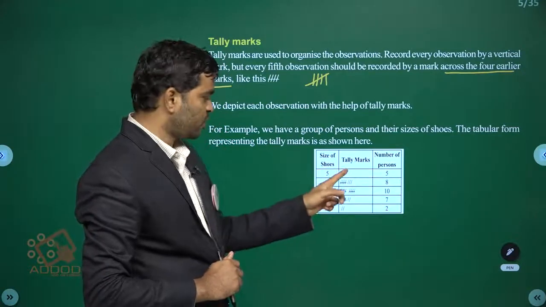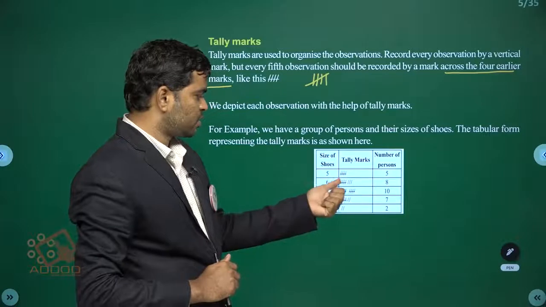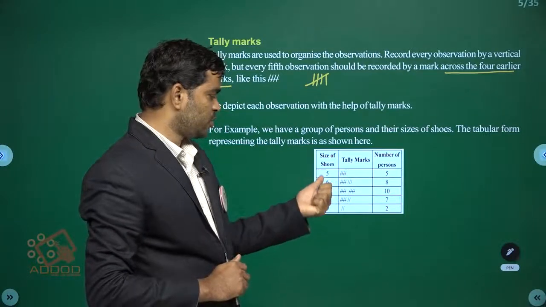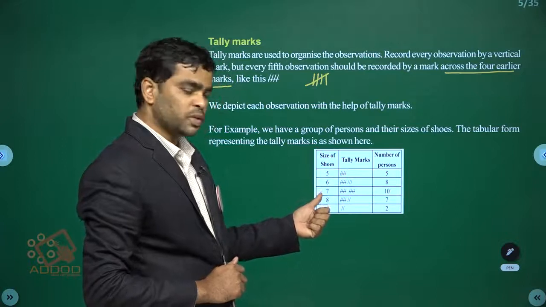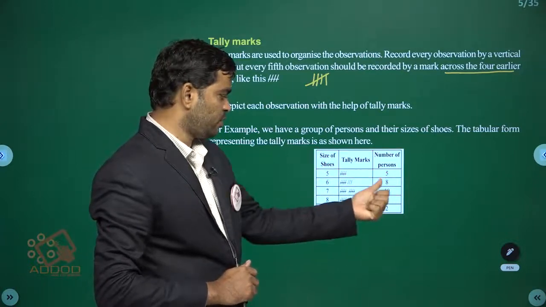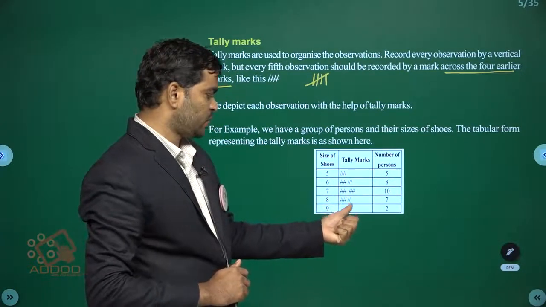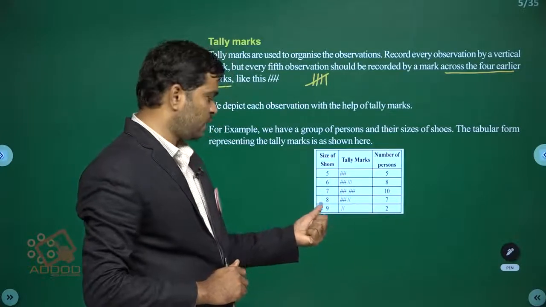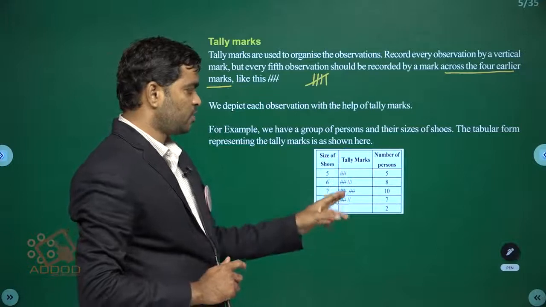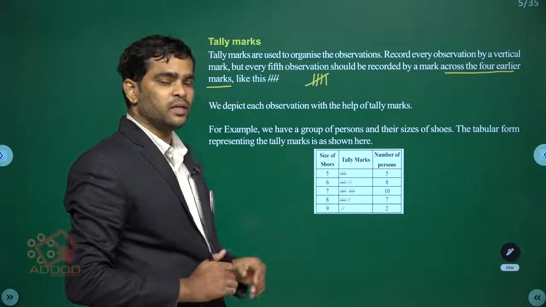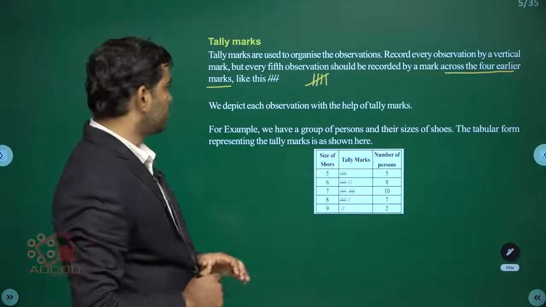Every 5th line you have to cross it. Shoe number 6: 5 plus 3, which is 8. Shoe number 7: there are 10 people, 5 plus 5, 10. Shoe number 8: 5 plus 2, which is 7. Shoe number 9: there are 2 students, so you write it as tally marks. In the third column you write the number of persons in numerical form.